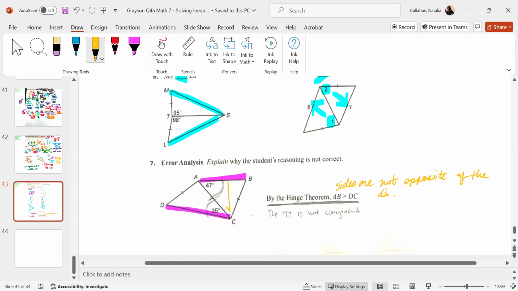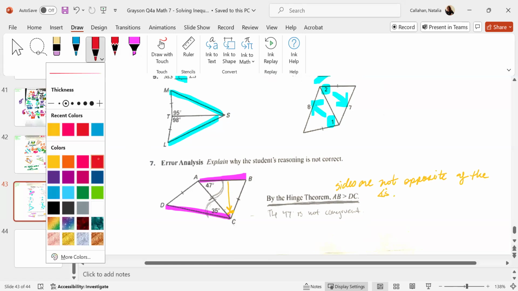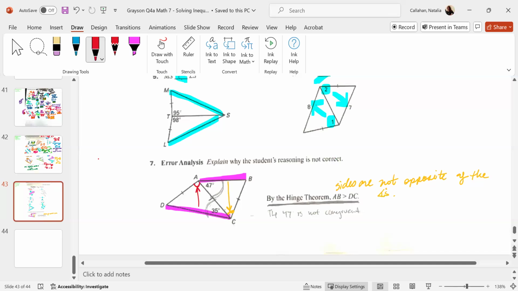This side is opposite of this angle, but I don't know anything about that angle. Do you see that? And this side is opposite of this angle, which I don't know anything about that, right? And what I mean is like AB, and you have DC, correct?